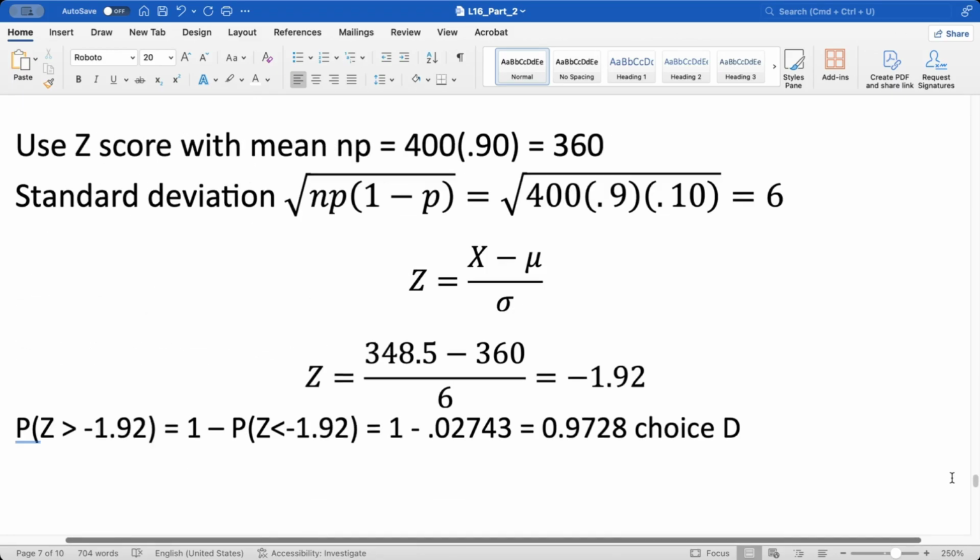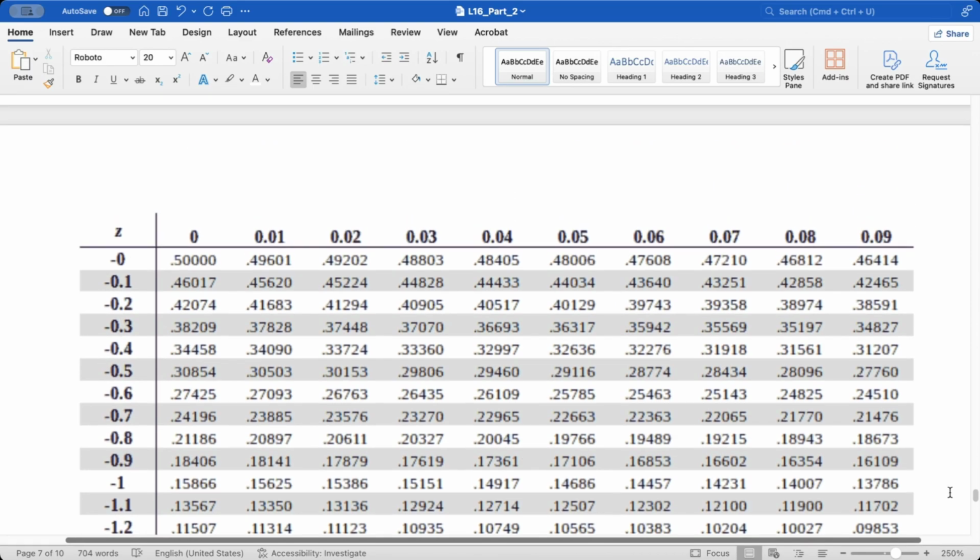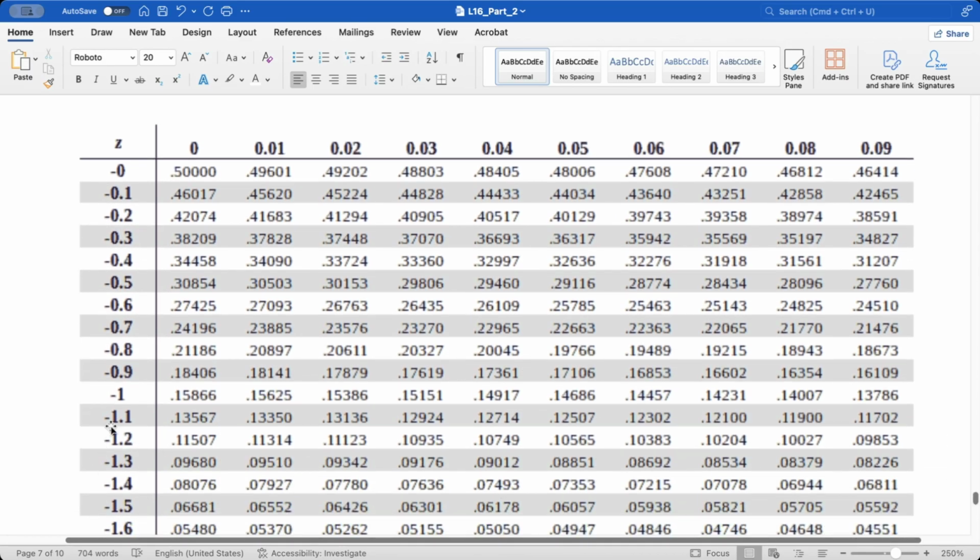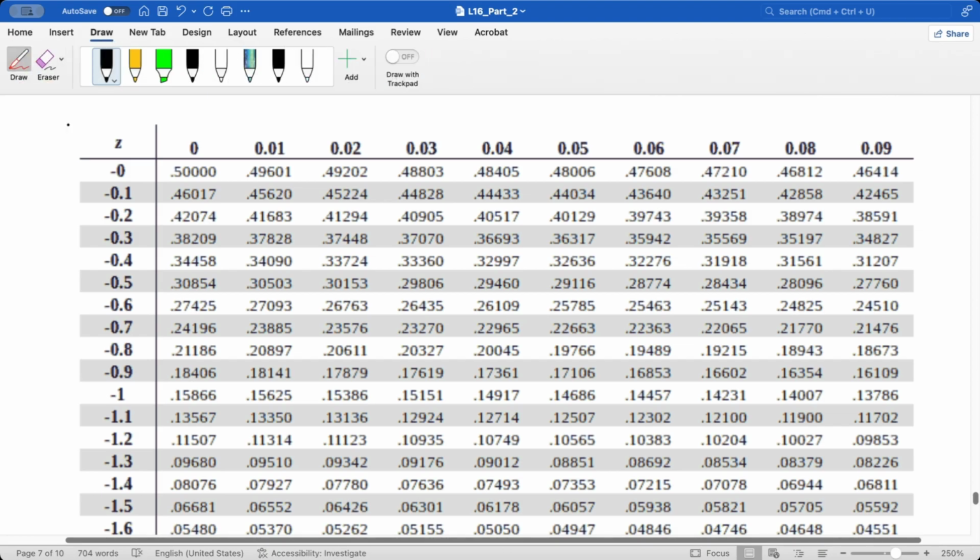So looking this up here, we're going to go to negative 0.1, and then finally we see another example here with the 04. And so negative 0.14 is this value here, 0.4443.